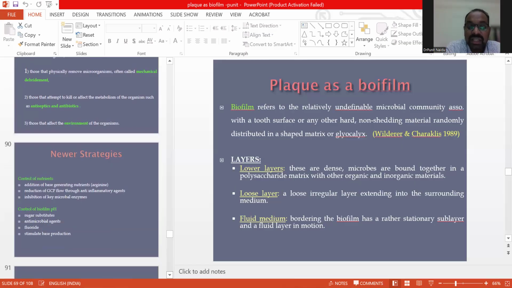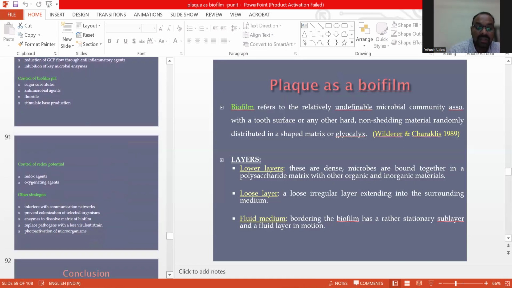The newer strategies of controlling plaque as a biofilm are, first, control of nutrients, which is addition of base-generating nutrients like arginine, reduction of GCF flow through anti-inflammatory agents, and inhibition of key microbial enzymes. Then the control of biofilm pH, which can be done by sugar substitutes, antimicrobial agents, fluoride, and stimulating base production.